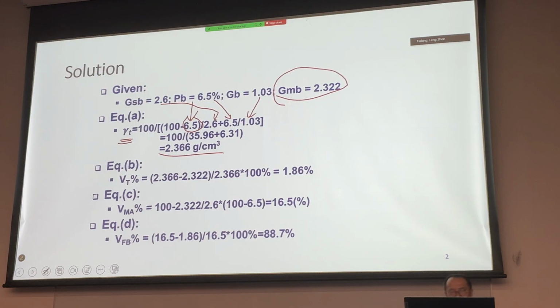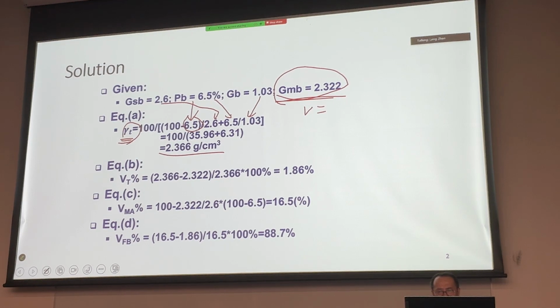And then, since we already know gamma t, we also know gamma. Gamma is bulk density, 2.322. But the gamma actually has a unit. Density has unit, specific gravity has no unit, but these two, their values are the same.